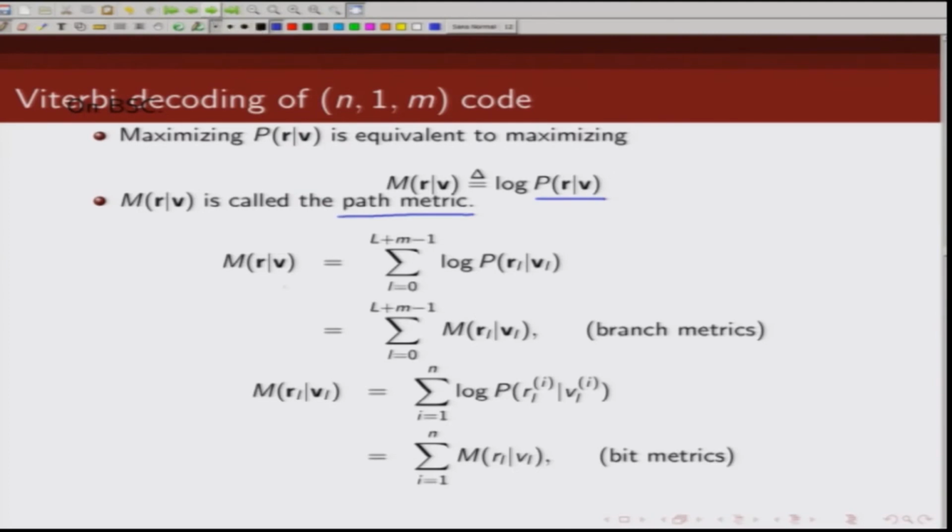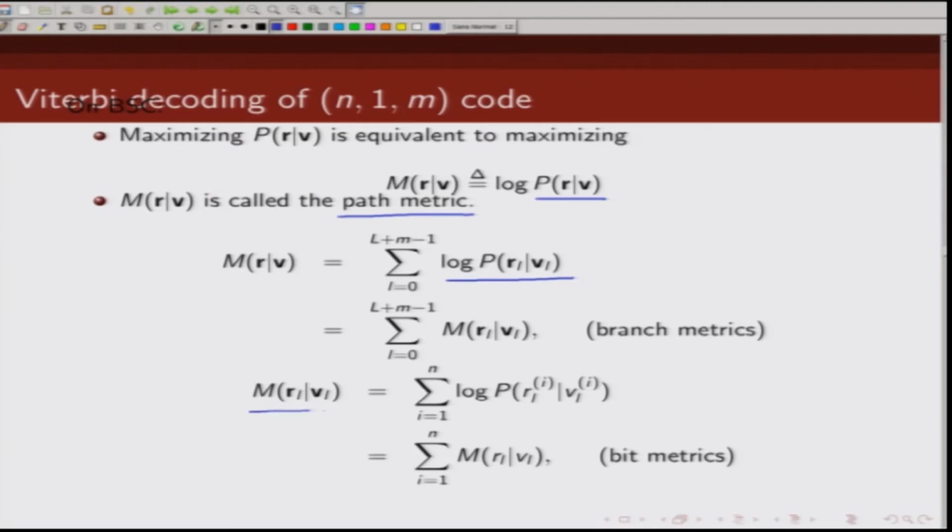So, we can write our path metric as summation from 0 to L plus m minus 1 of log of probability of Rl given Vl, where l goes from 0 to L plus m minus 1. And we are calling this our branch metric.